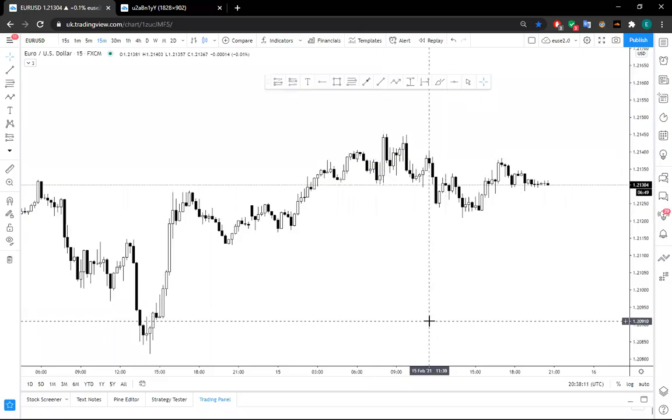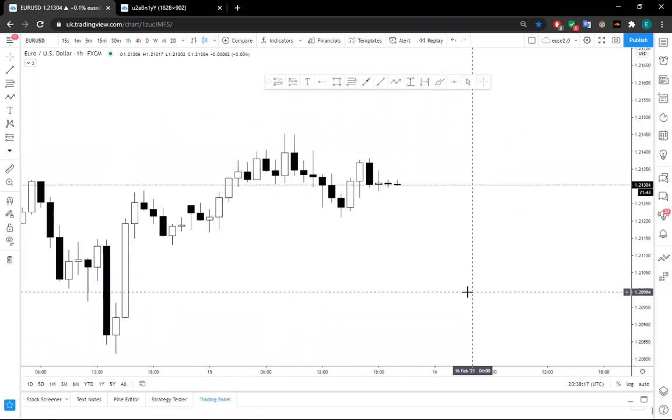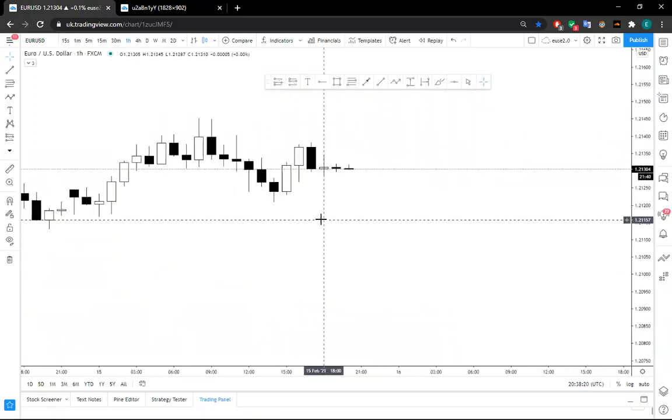All right, let me go on 1H. Oh, that is crazy. Did not realize that at all. But yeah, thanks for letting us know. M1 just shows no candles. This is actually going on M1.